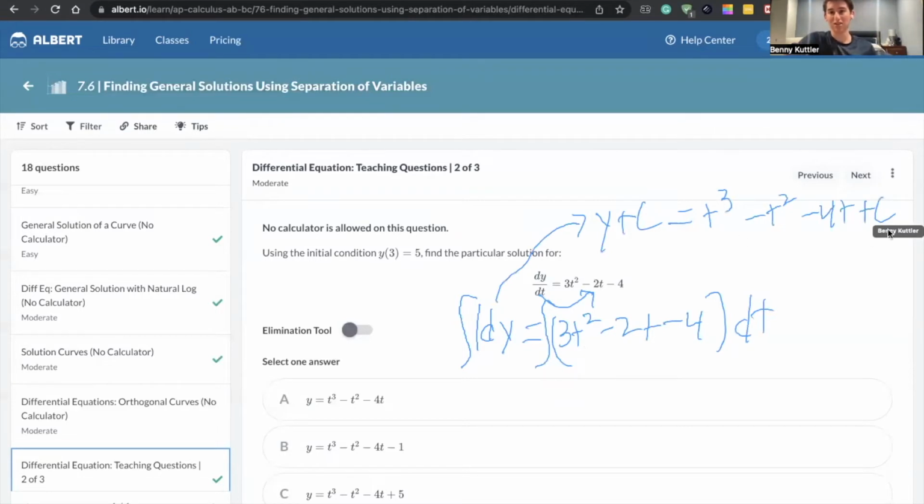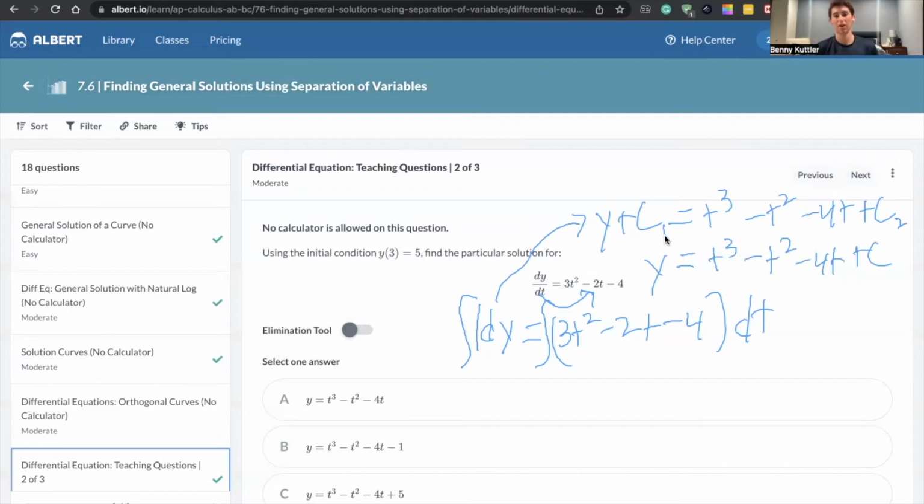And these are different c's, so we can't just cross them out. That doesn't work. But what we can do is move both of the c's to one side, because a constant minus a constant is still just a constant. It might not be 0, but it's still a constant. So we can rewrite this as y equals t cubed minus t squared minus 4t, then plus c, because if we move this c to the other side, let's call it c2 minus c1, it's just going to be a different constant.